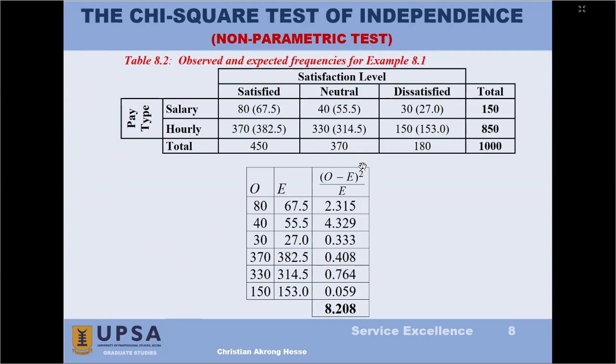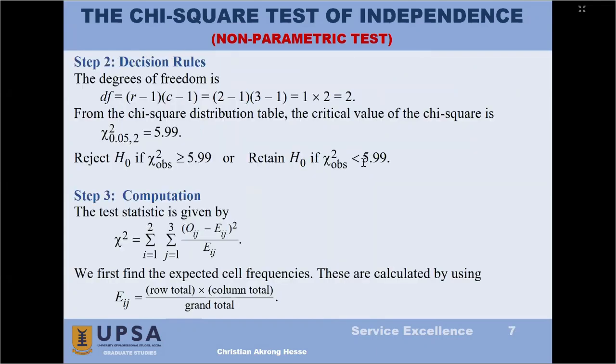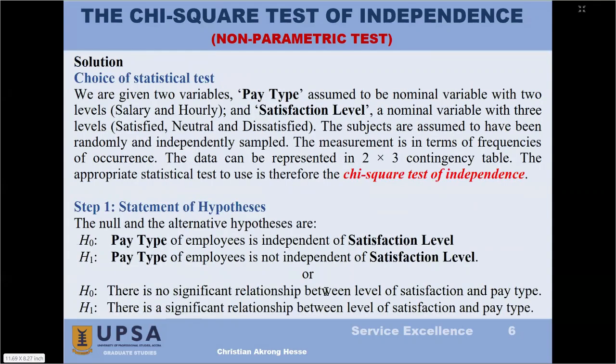This type of testing is when you have 2 categorical variables and want to determine whether there's a correlation between them. So in the hypothesis, H naught says there is no significant correlation.